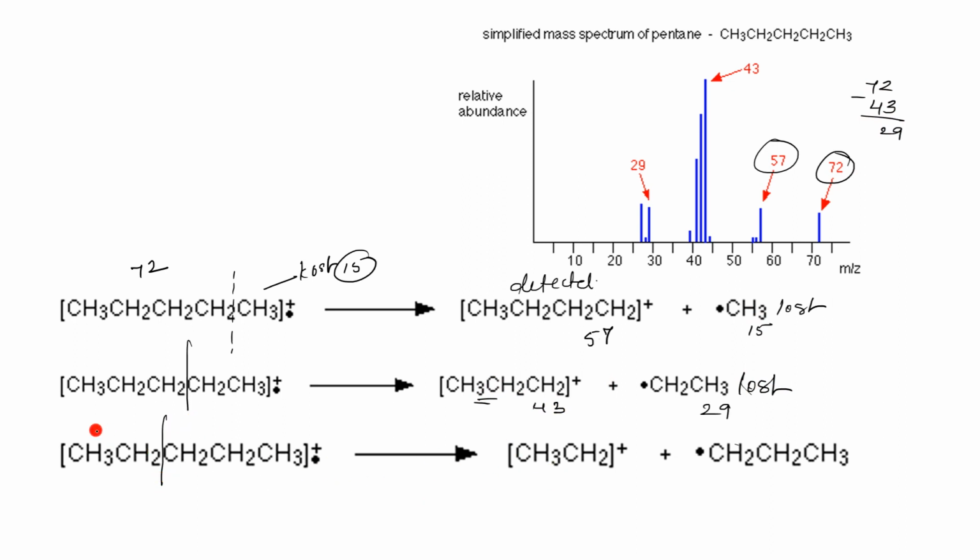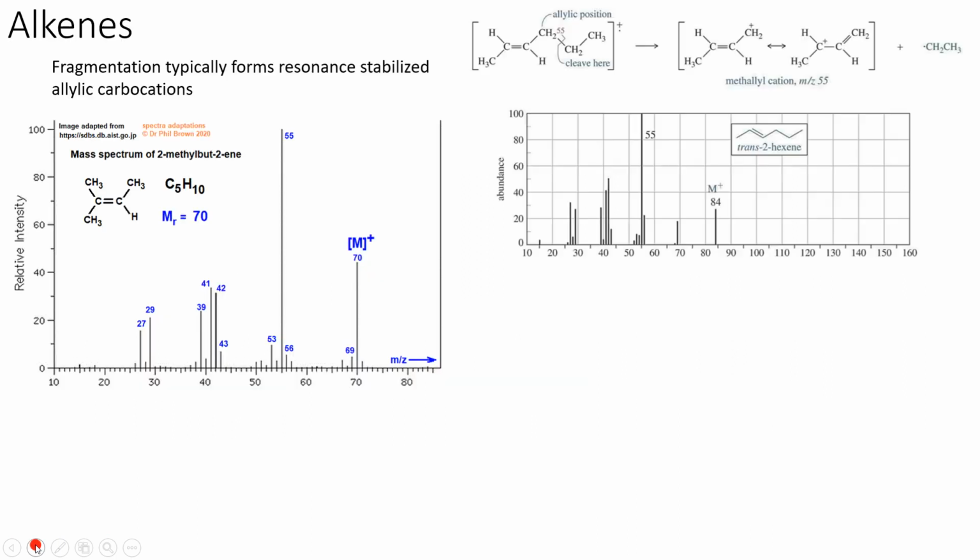This will be the cation and this will be the radical. The value of this is 29. So 72 minus 29 gives you 43. As I told you, different fragments are formed because it is a high energy electron beam. The molecule can break in multiple patterns and the stable cations give their fragments.